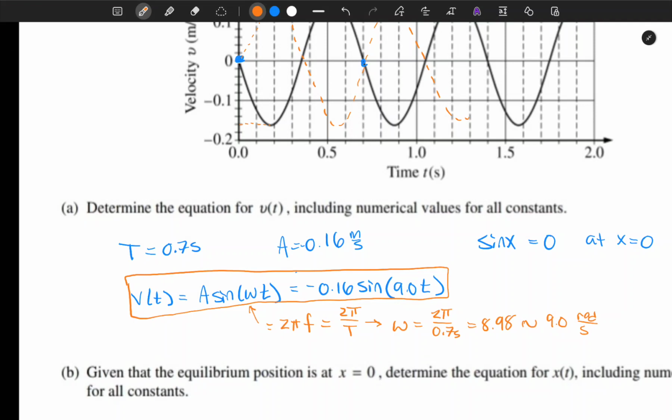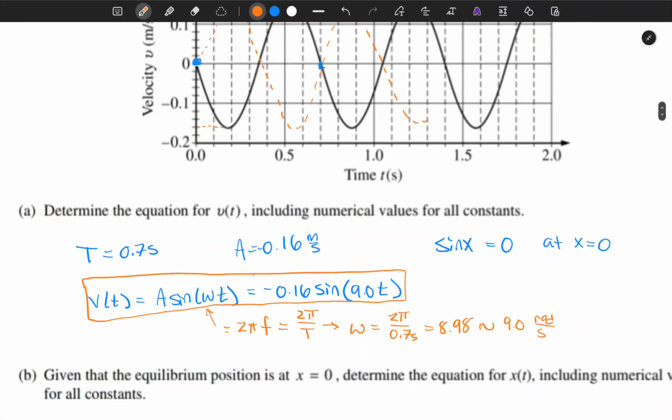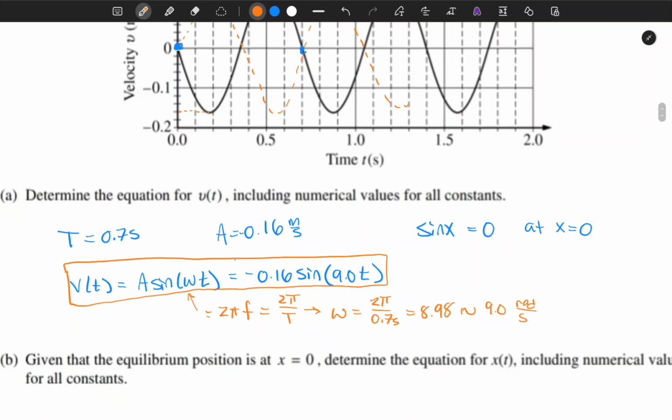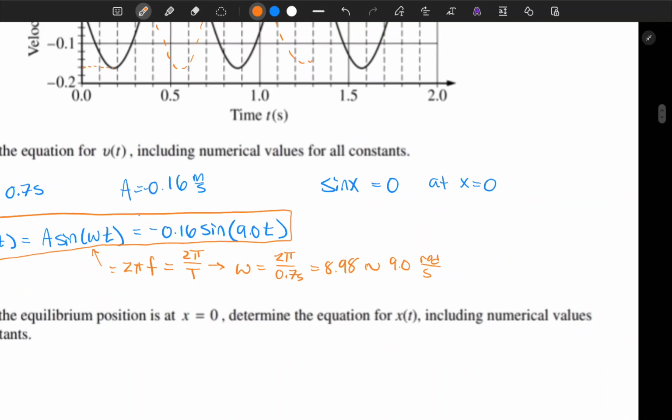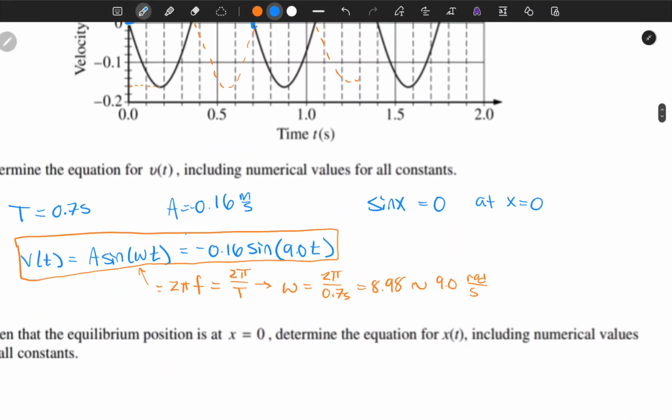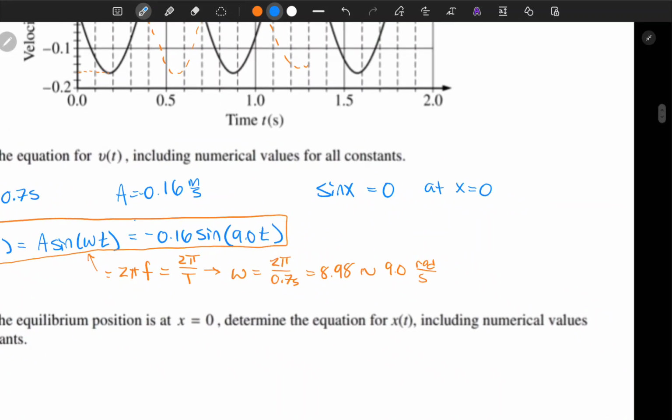As a note, you can get 1 point for writing the final answer, as given here, without showing any work. However, you could alternatively start out by writing that v of t should have a form which goes as v of t equal to negative v max times sine omega t.